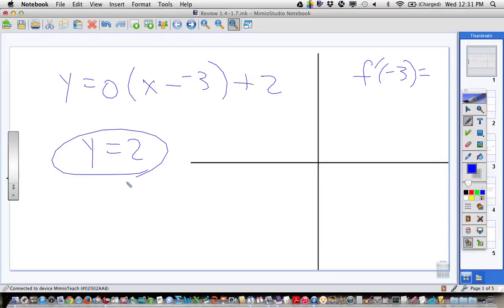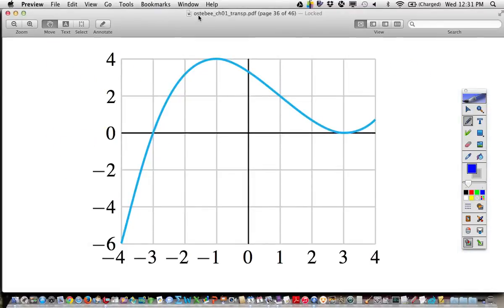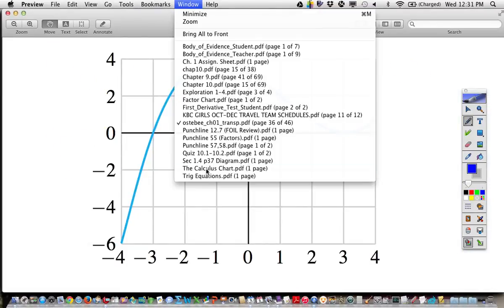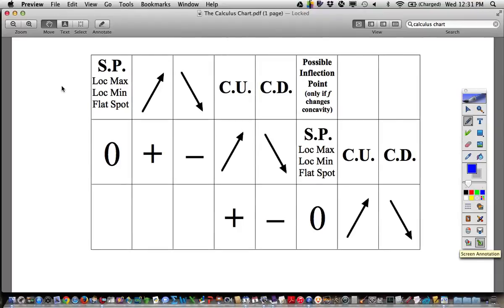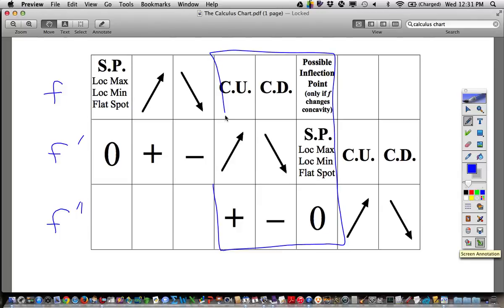All right, let's go over to section 1.7 then. In section 1.7 is where we added the whole business with the f double prime. So over here on my chart, this would be f, this would be f prime, and this would be f double prime. So the new thing yesterday was really this section here.